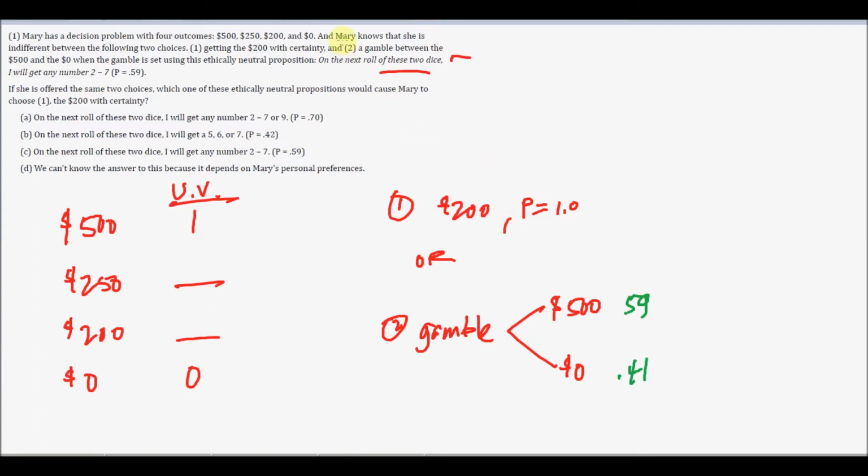So basically, if this sentence turned out to be true, she would win the gamble. If it turned out to be false, after we rolled the dice, then she would lose the gamble. So basically just these odds. So here she's indifferent. Okay. So we also know then that her utility value for the $200 is 0.59.